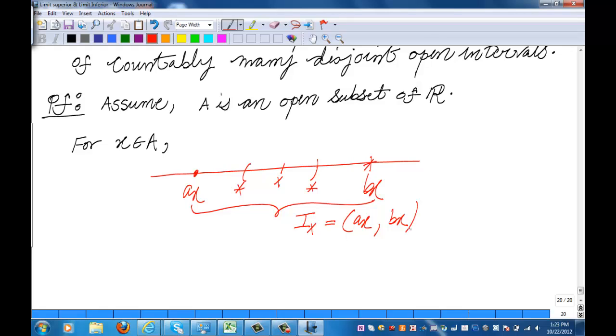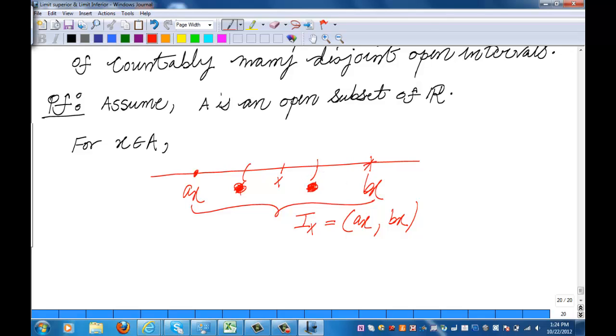So for any x in A, let's define an open interval Ix, which is ax to bx, and it is the largest open interval inside of A containing x. Is that making sense? Now, what is bx? x has a neighborhood which is entirely contained in A, and there could be more than one such neighborhood.